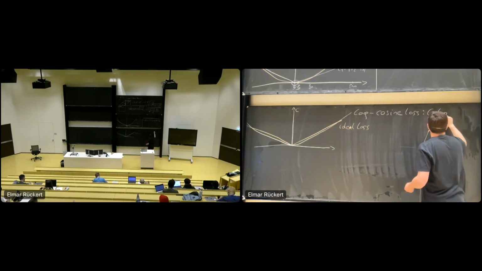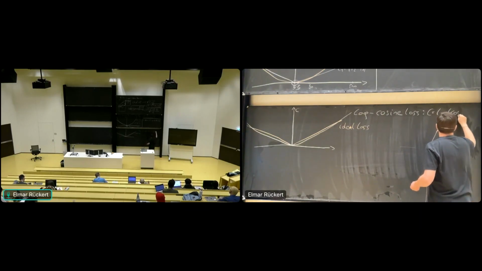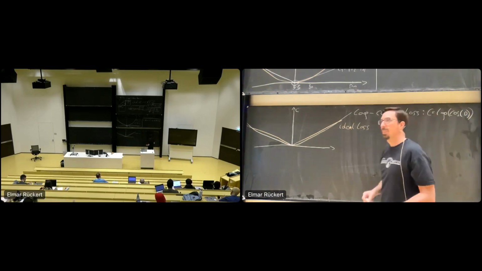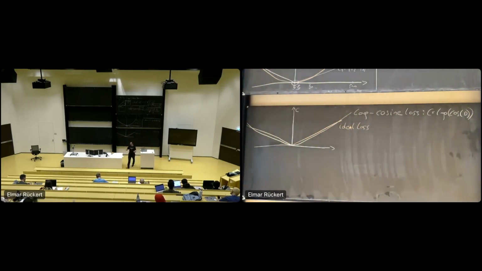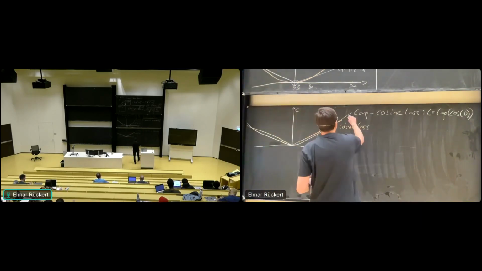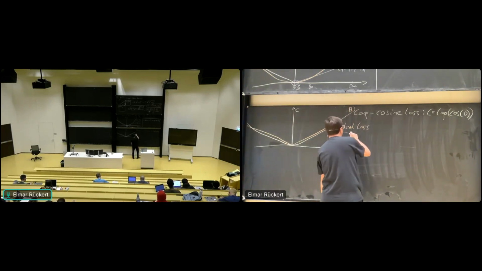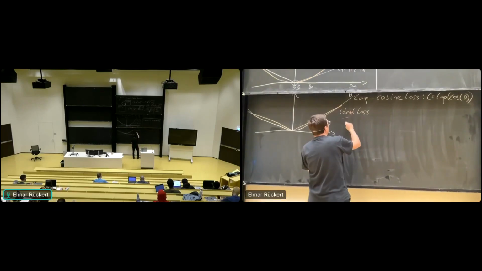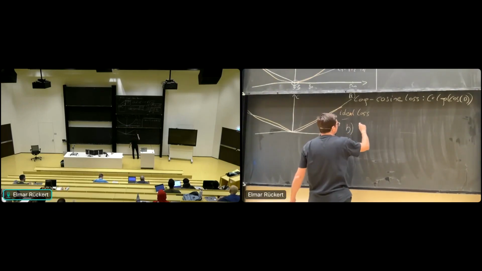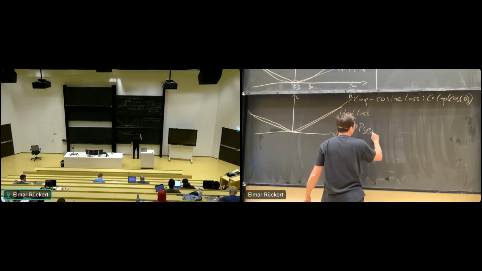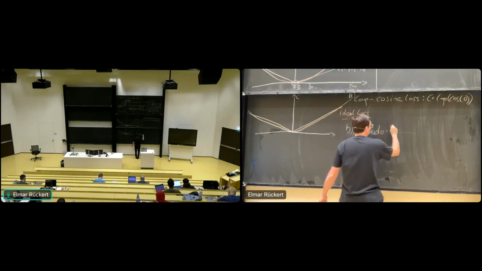So it's the log of the cosine of your distance d, p2 minus p1, log cosine loss. Then there's another one that is commonly used that is called pseudo Huber loss.